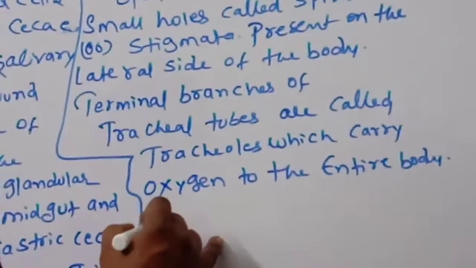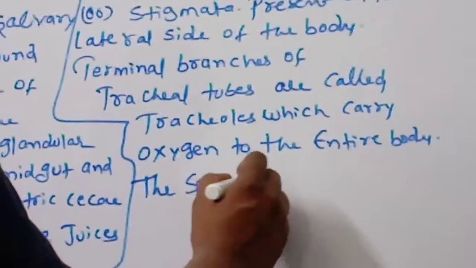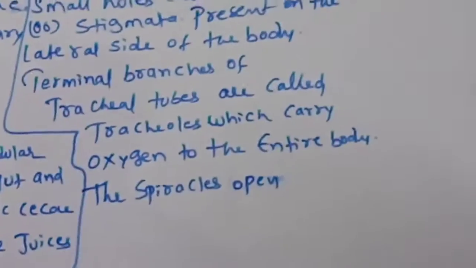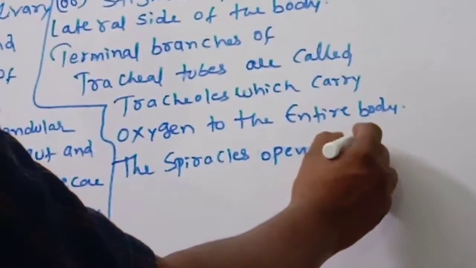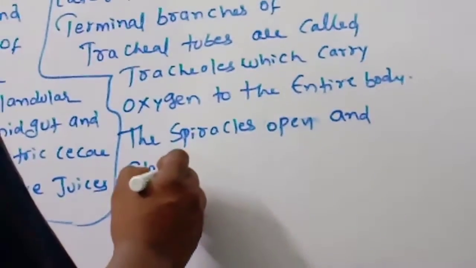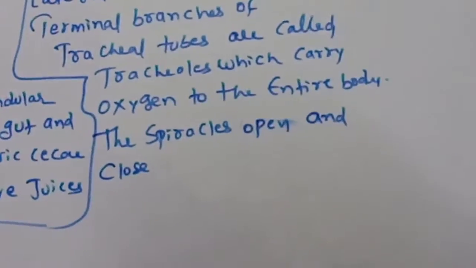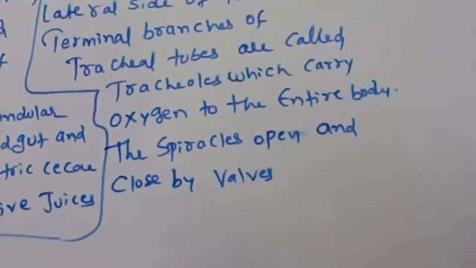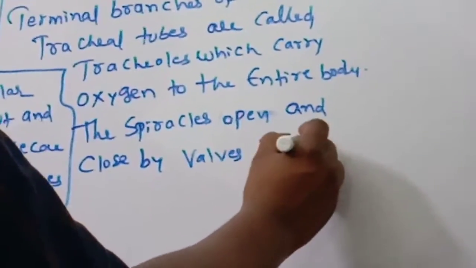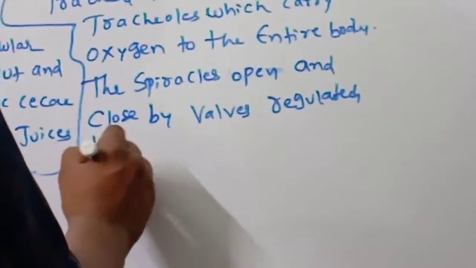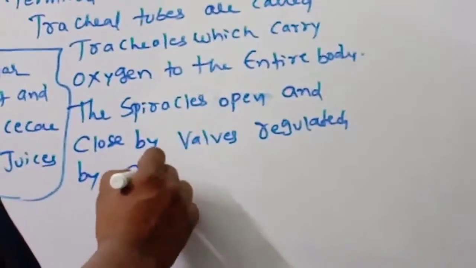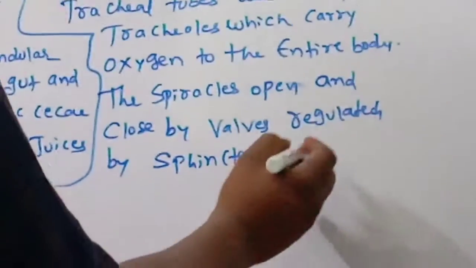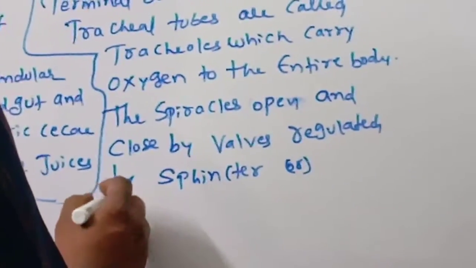The spiracles are opened and closed by valves, regulated by sphincter, or spiracular muscles.